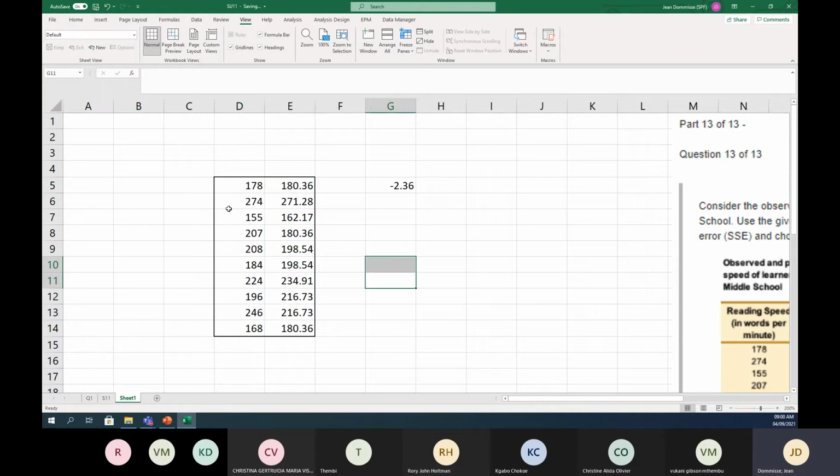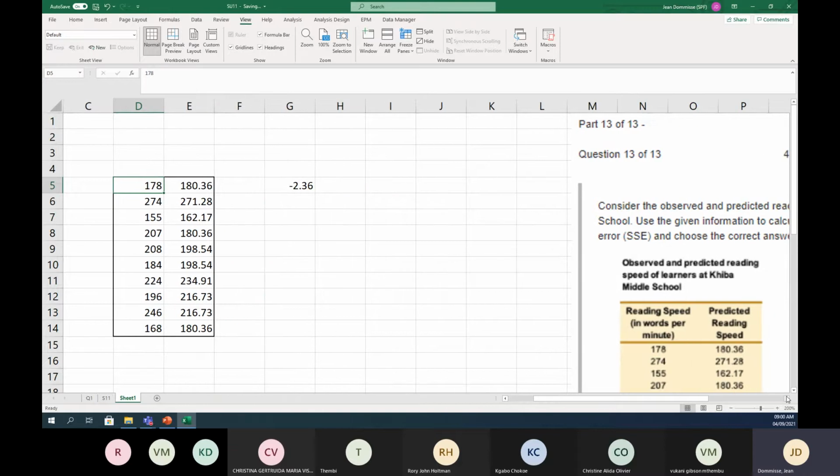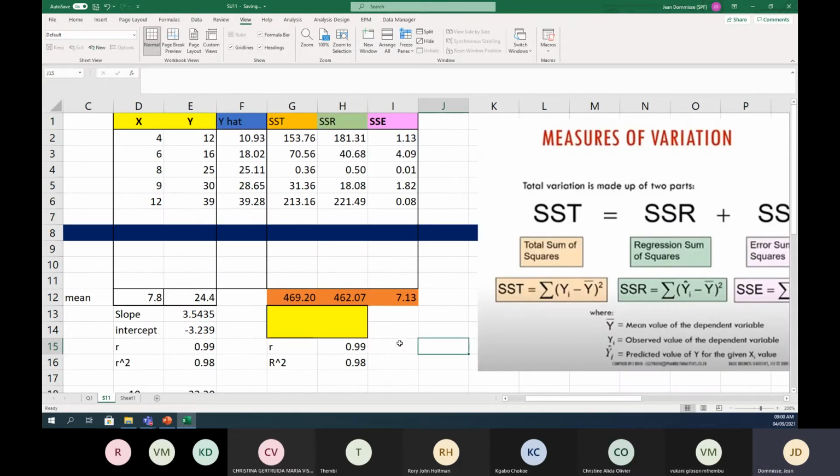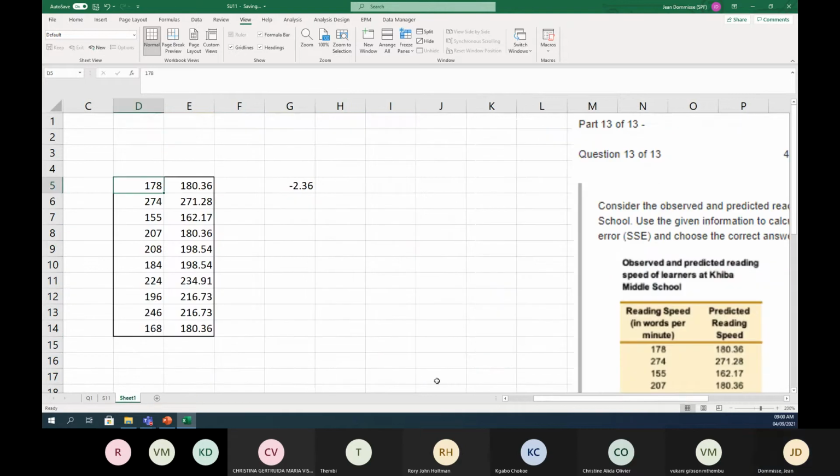Cool. Okay, so they've given us that information. They told us that is the reading, the observed numbers, and that is the predicted number. So let's just go back, and they ask us to work out SSE.